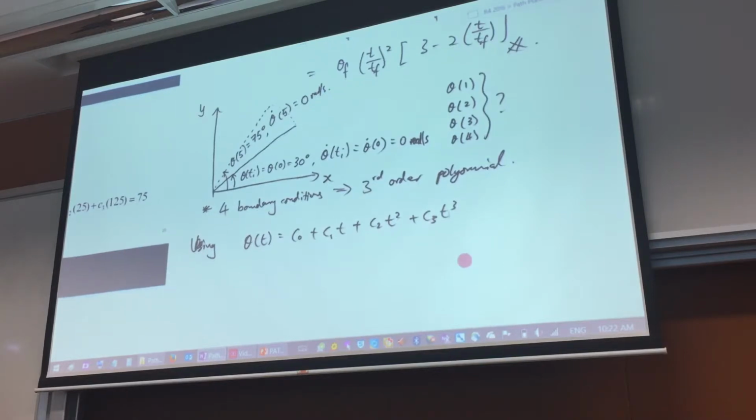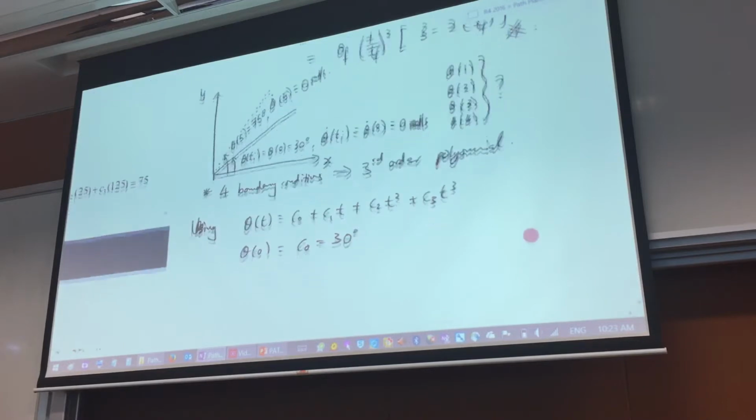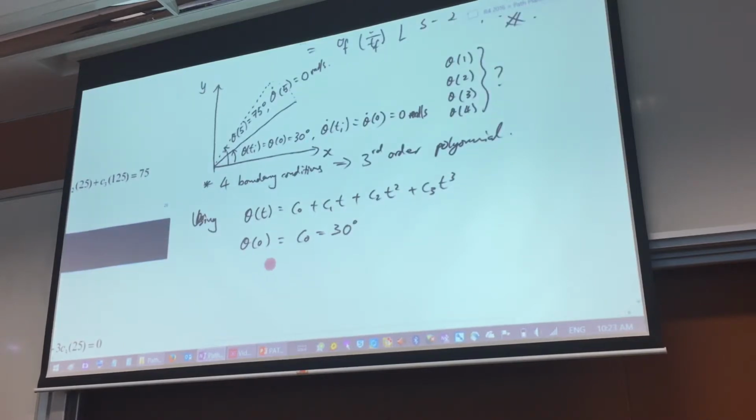So let's start with the first boundary condition, theta at time equal to 0. Right? Theta at time equal to 0, all these terms here, t would be 0. So you get c0. And theta 0 is at 30 degrees. So c0 is 30. Solved for one coefficient. How about the final? After 5 seconds, what is that position?